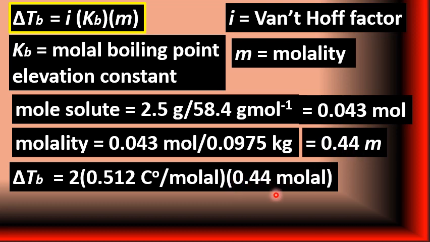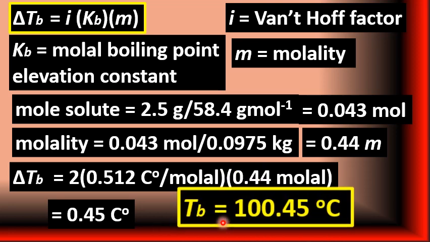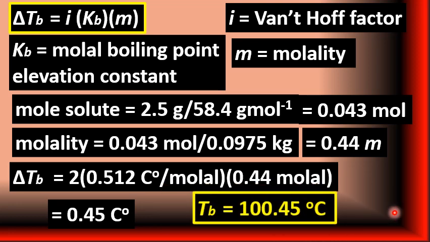0.44 molals. And doing our math, the computed delta T sub B will be equal to 0.45 Celsius degree or Kelvin in two significant figures. Hence, the boiling point of the solution will be equal to 100.45 degrees Celsius.